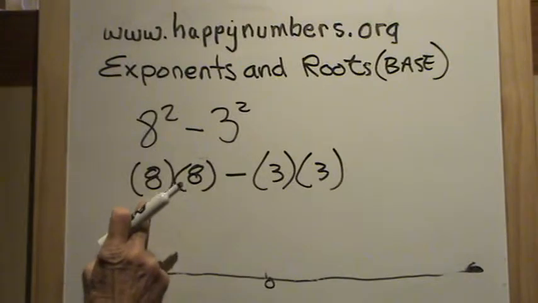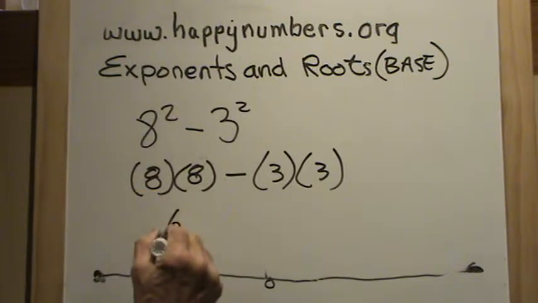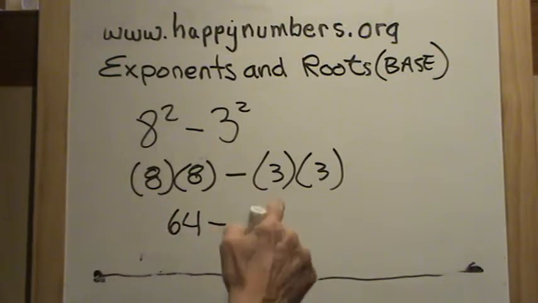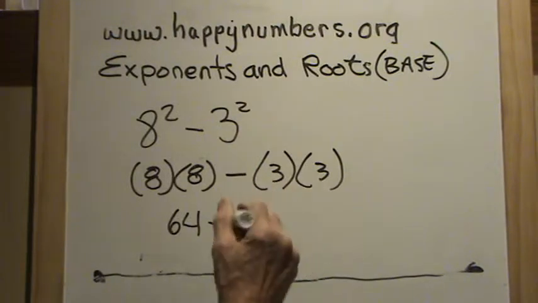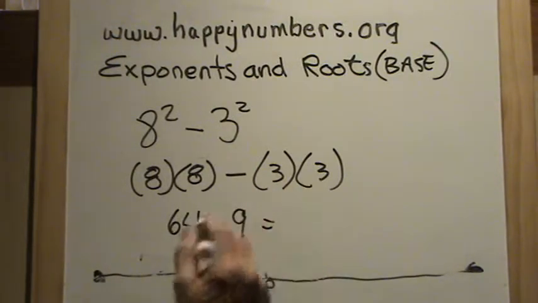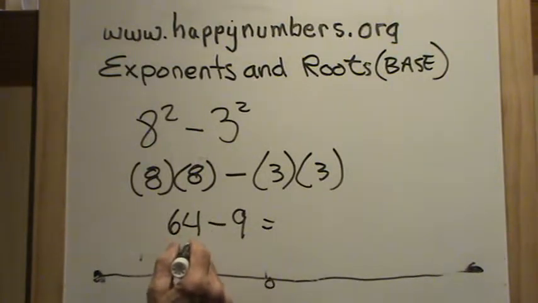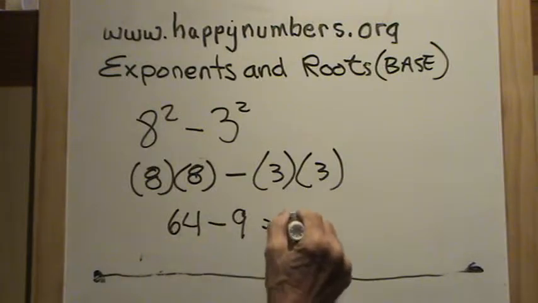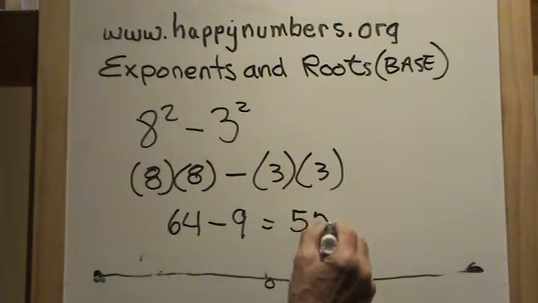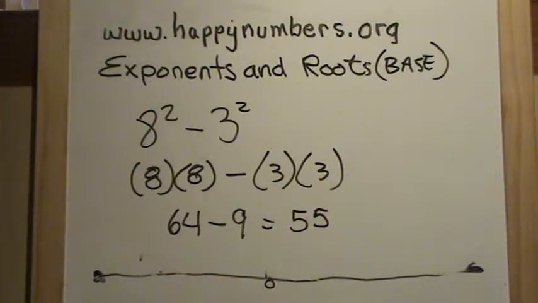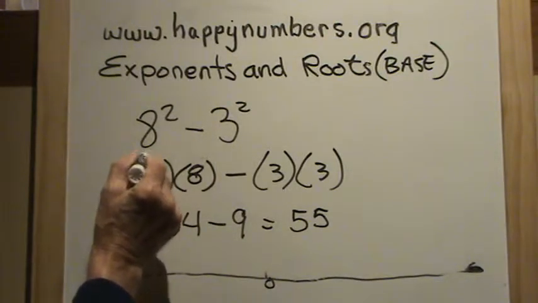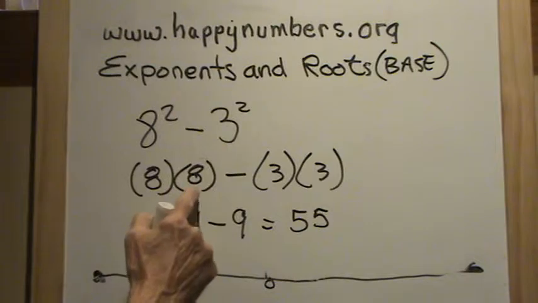Well, 8 times 8 is 64, minus 3 times 3 is 9. And if we take 9 away from 64, we get 55.